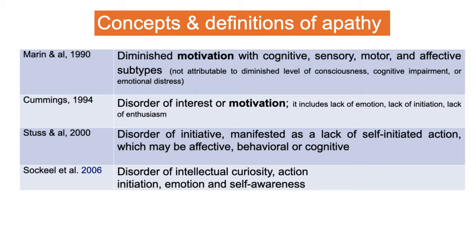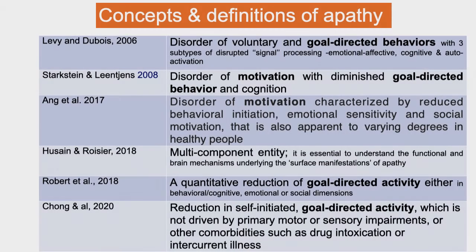Between 1990 and 2006, it is the concept of motivation that is most often associated with apathy. From 2006, with the article of Dubois and Levy, appears the association between apathy and the concept of goal-directed behavior or activity, as mentioned in the last definition of 2020.